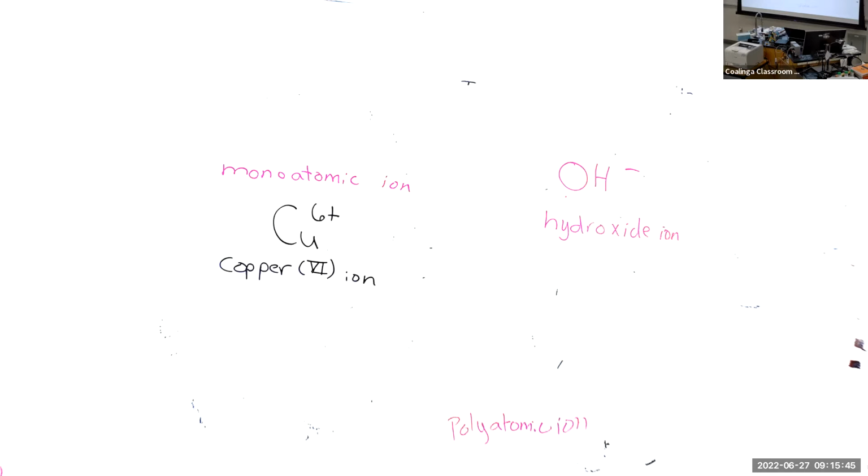What this means is that this together has a negative charge. These guys are covalently bonded, sharing electrons, but together they have an extra electron. So it's considered a polyatomic ion because together they have a negative one charge.